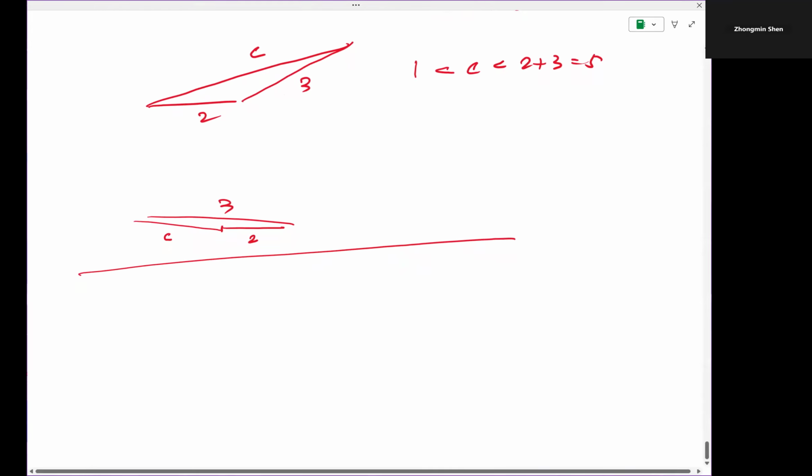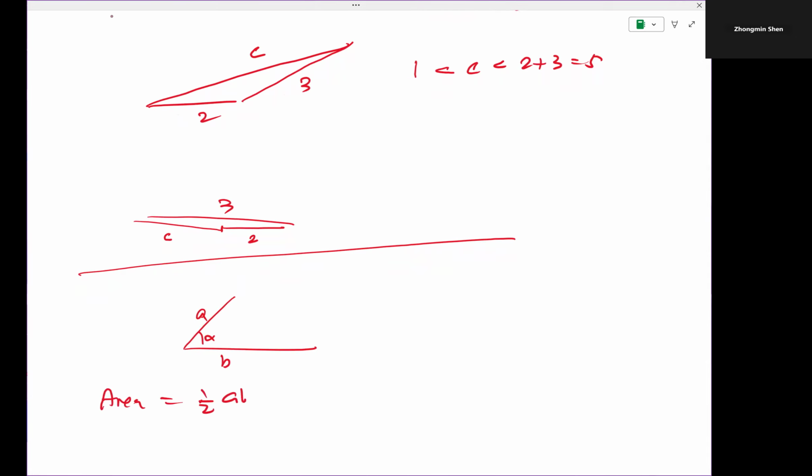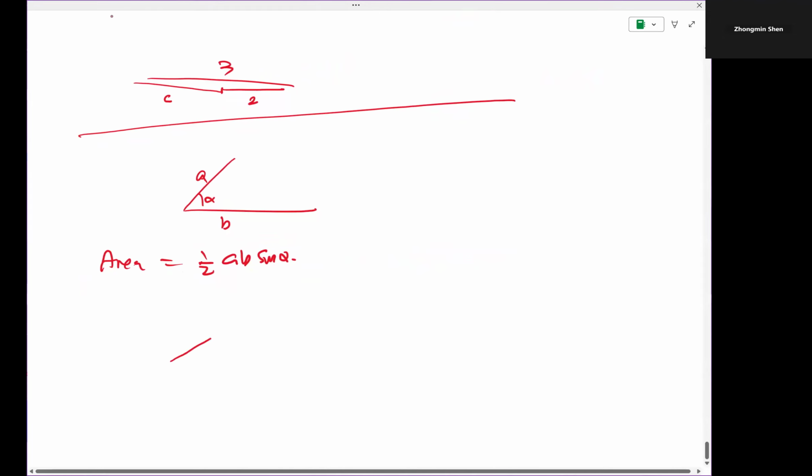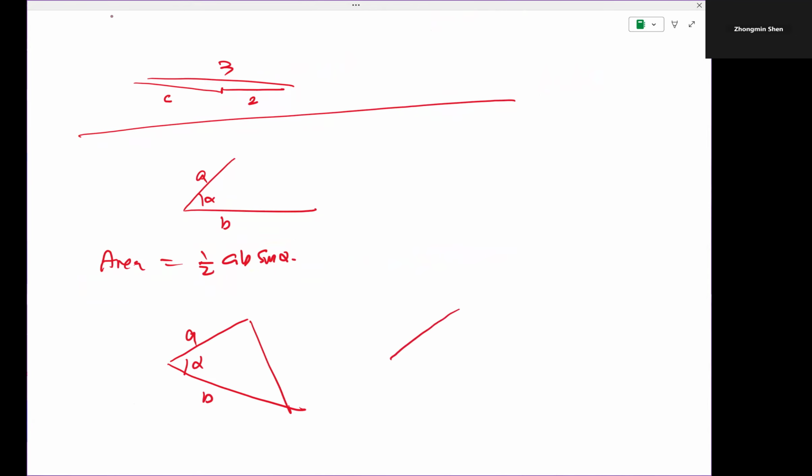Okay, and especially let's go back to the formula related to MC10. So if you have a triangle, if you know this is A, this is B, and this is alpha, the area is going to be half of AB sine alpha, right? So if you have two triangles, this is alpha, here's A and B, another triangle may be even longer, this is A prime, B prime, this is alpha.